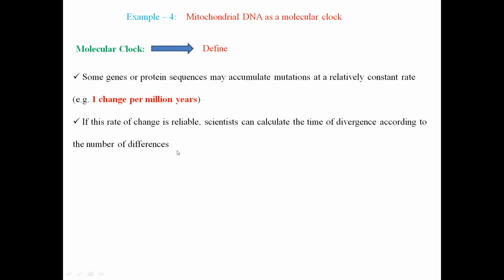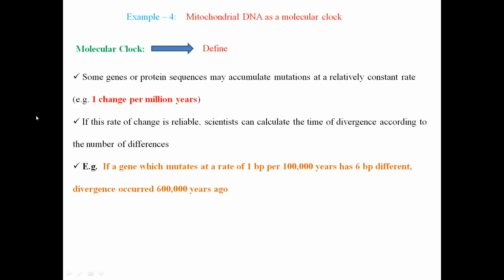For example, we know from references that our human ancestors came from Africa, and this was identified with the help of genes or proteins. If it takes millions of years for one particular nucleotide or amino acid to change, then based on how many changes have happened, we can tell how many years ago the divergence happened in the group.